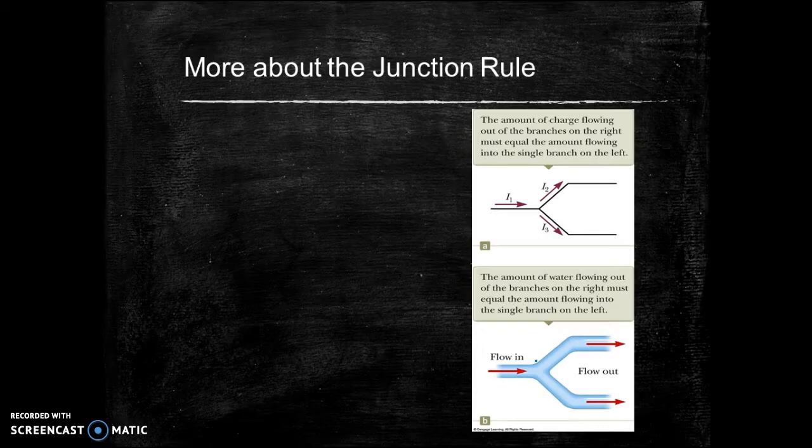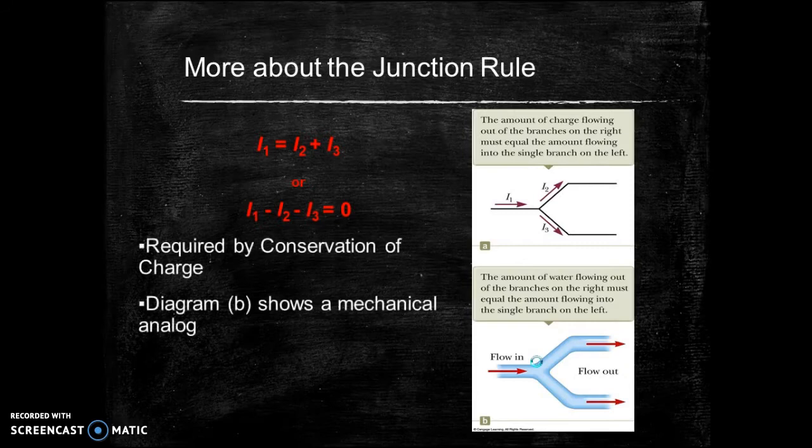Therefore, Kirchhoff's rule for this junction is I1 equals I2 plus I3, or I1 minus I2 minus I3 equals 0. Again, this is required by the conservation of charge.